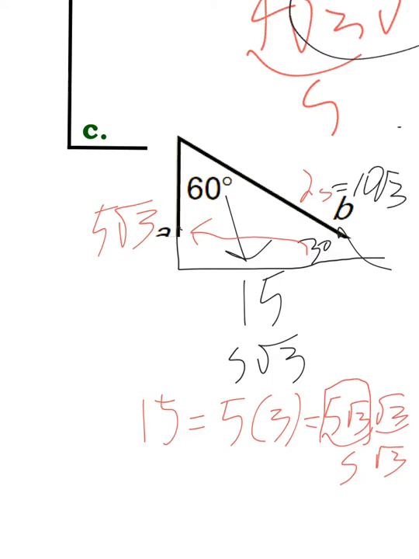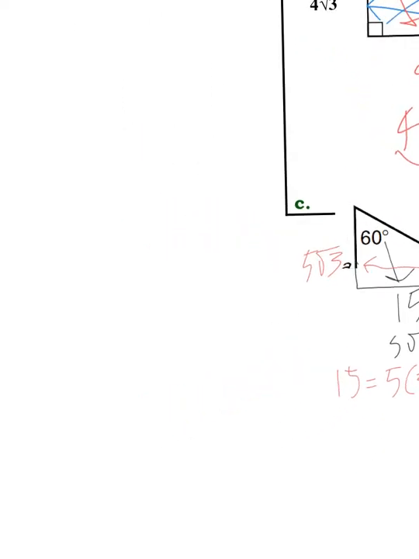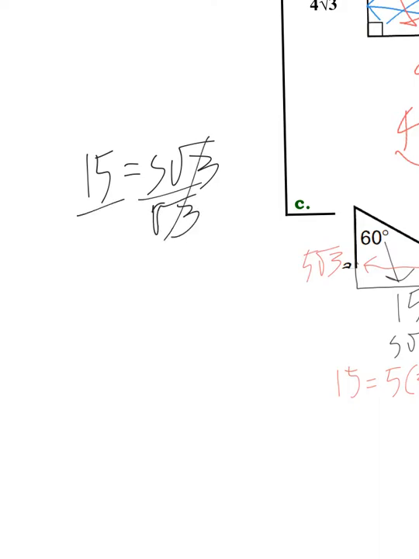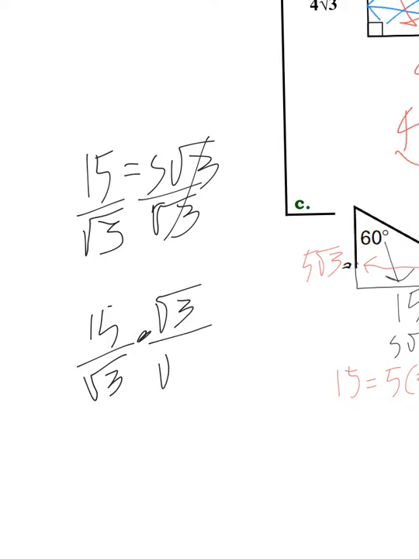The other way you could do this is if 15 equals S square root 3, then I'm going to divide each side by square root 3 to solve for S. But we can't have a fraction on the bottom. So 15 divided by the square root of 3, I got to rationalize it, so I got to multiply it. To rationalize, you multiply it by whatever's on the bottom, you make that on top and bottom, because that's like multiplying by 1.